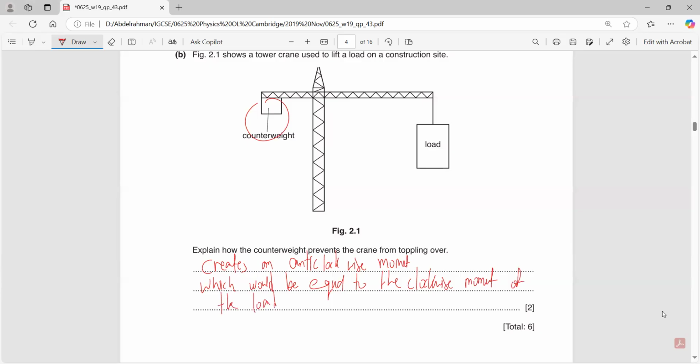The load will create a clockwise moment in the opposite direction.